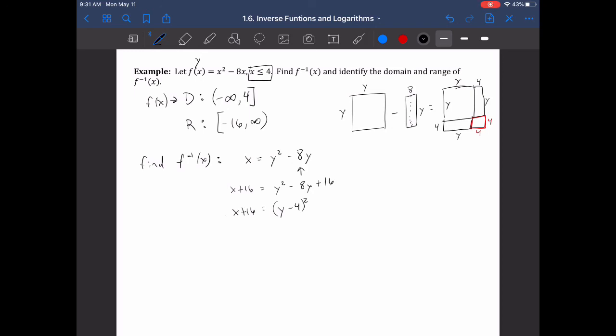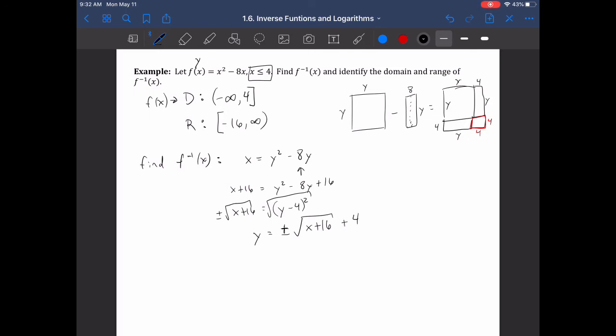We can take the square root of both sides, with the plus or minus, and you end up with y minus 4 equals that, and so I'm going to add 4 to both sides, and you get y equals plus or minus the square root of x plus 16, and then plus 4.